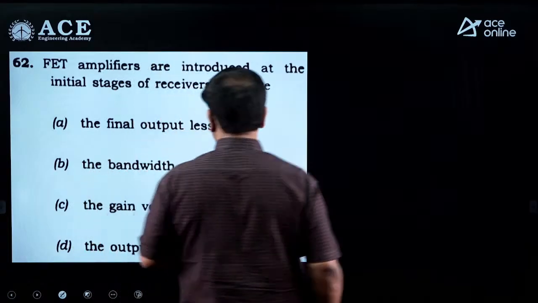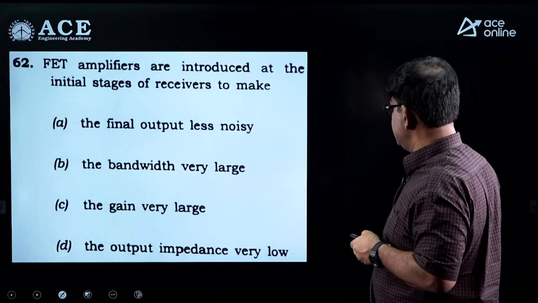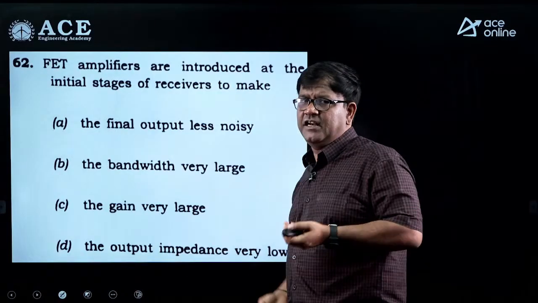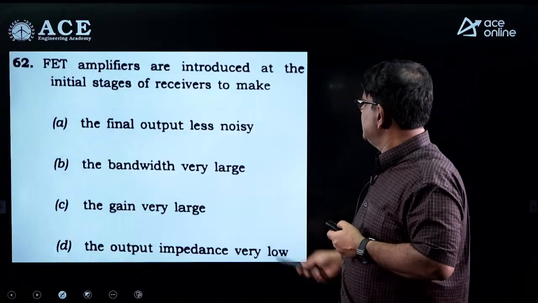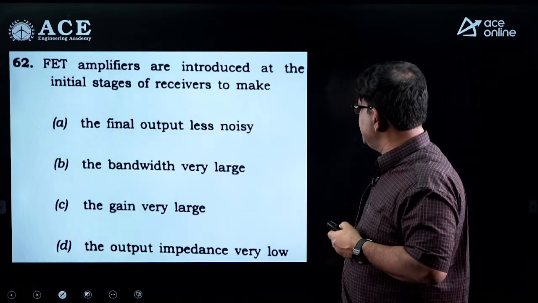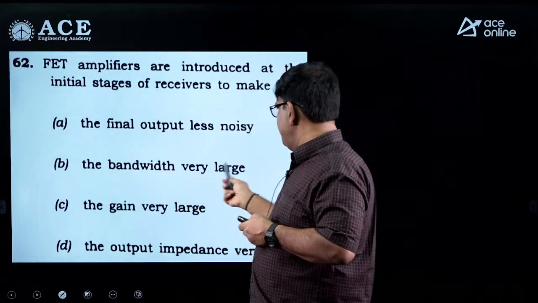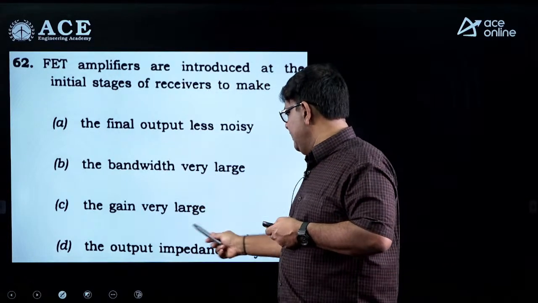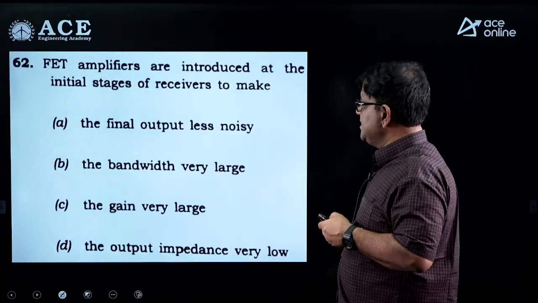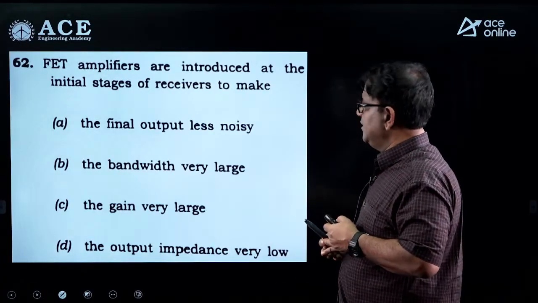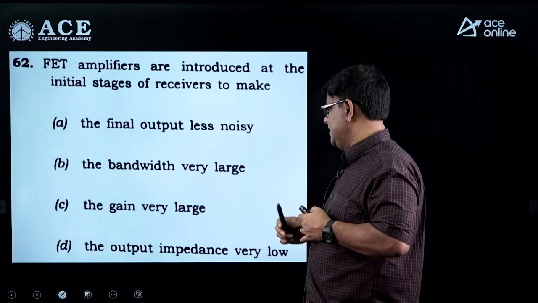FET amplifiers are introduced at the initial stages of receivers. The reason why we go for FET is because of its high input impedance. So FET amplifiers are introduced at the initial stages of the receivers. The options: the final output becomes less noisy, the bandwidth is very large, the gain will be very large, the output impedance will be very low. So you can see whenever we use FET compared with BJT, they are definitely less noisy.